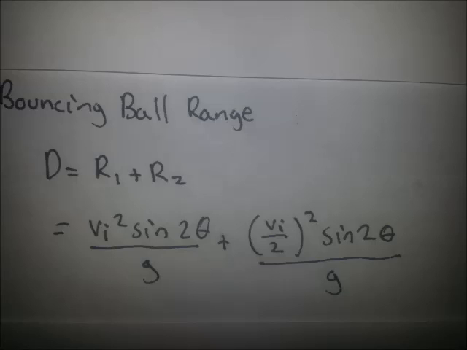So R1 is going to be v initial squared sine 2 theta over gravity, plus R2, since the velocity is half of what it was in the beginning, you put v initial over 2, that quantity squared, times sine 2 theta over g. And theta is the angle it makes with the ground when it's thrown and when it bounces, because both angles are equal to each other.